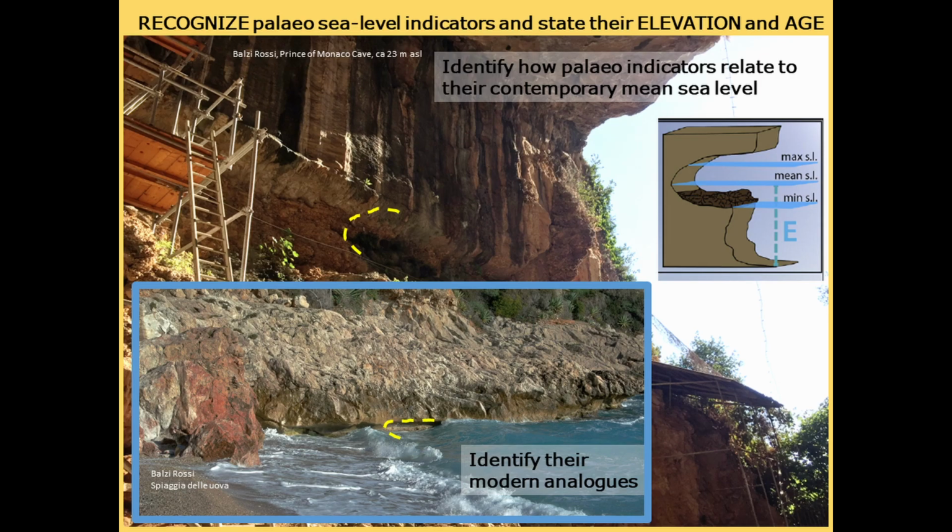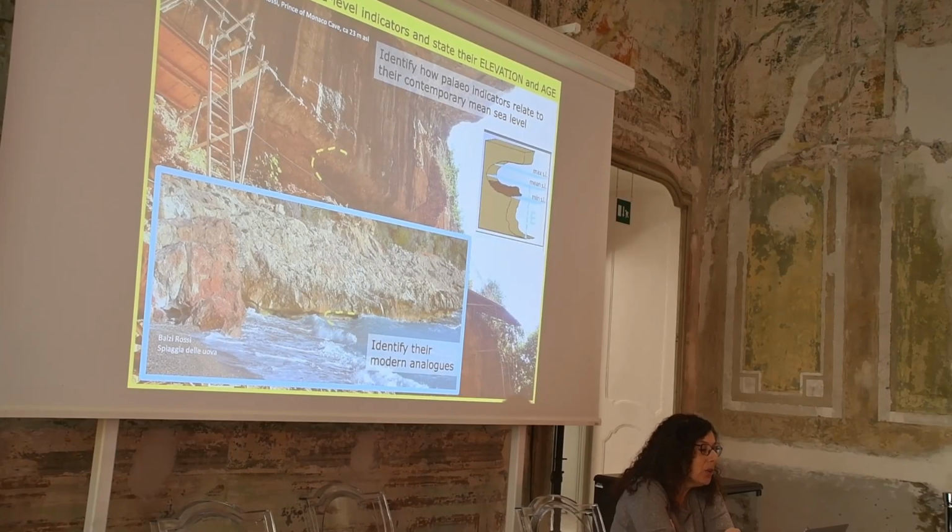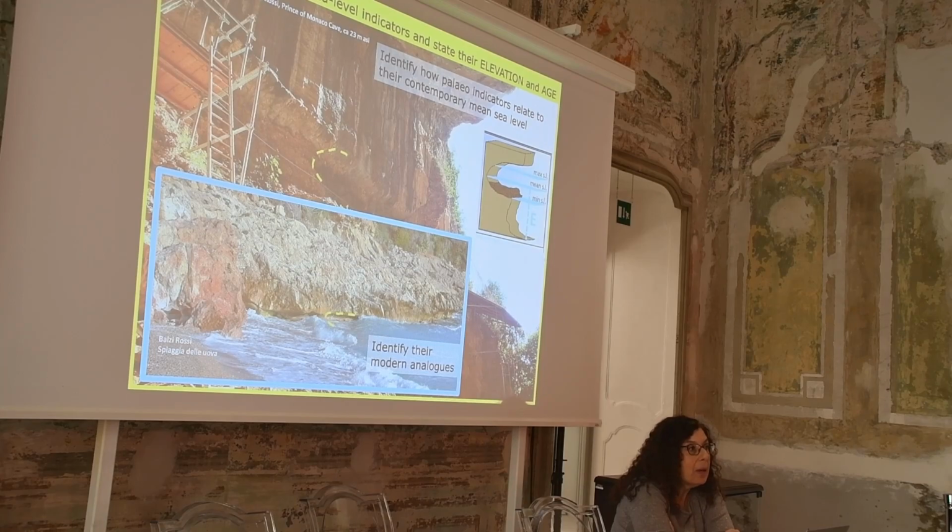So to identify paleo indicators, we have to relate them to modern indicators, and this is something that, for notches, we are able to do at Balzi Rossi. The point here is to understand the relation to mean sea level of the present notch and apply this interpretation to older notches.